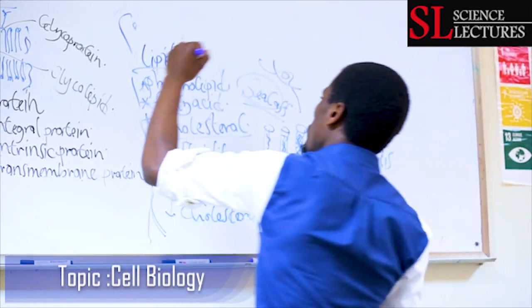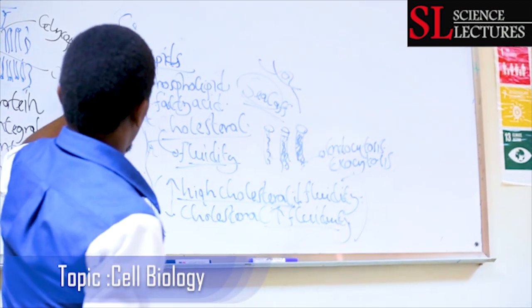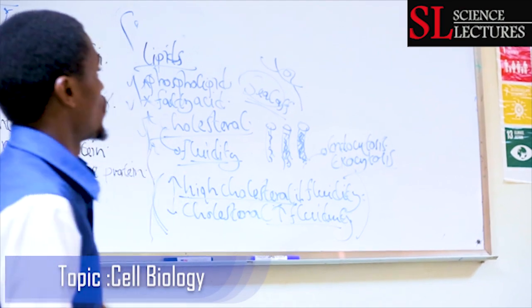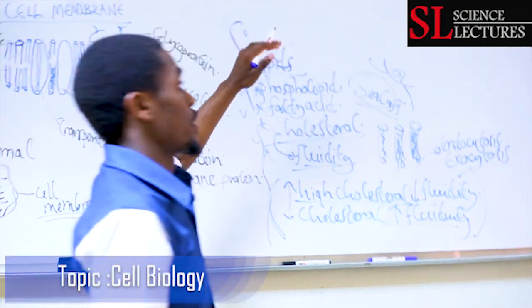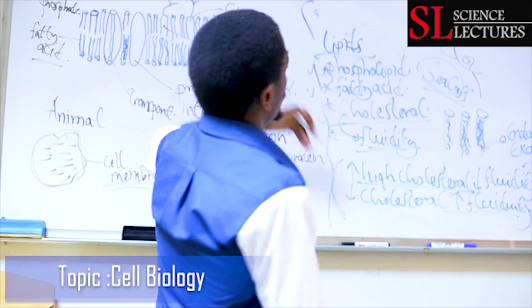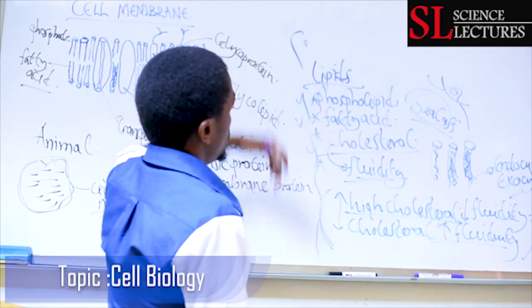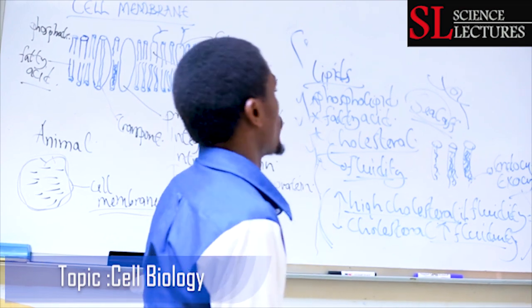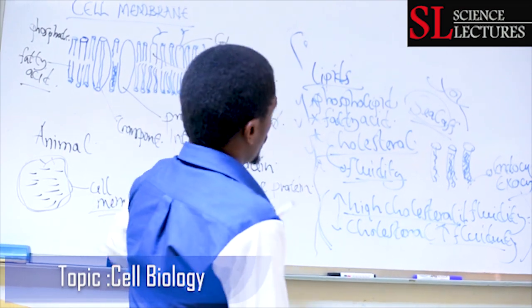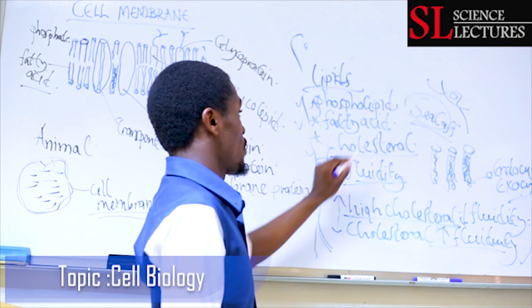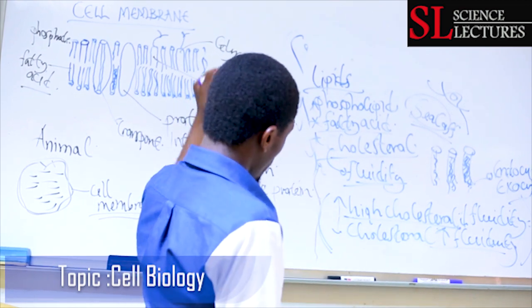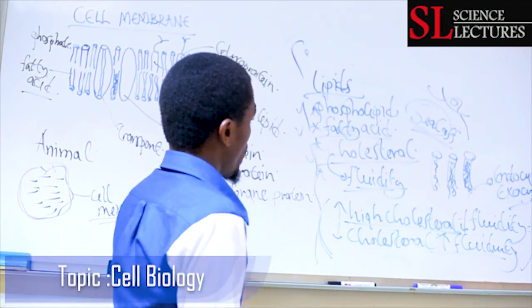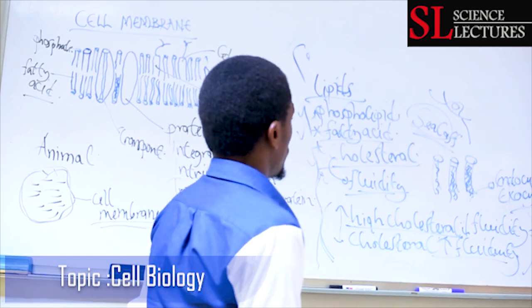So these are the membrane lipids: the phospholipids, the fatty acids, and the cholesterol. Phospholipids, we said, are negatively charged, and they are always found at the exterior. The phosphate heads are negatively charged, and they face towards the aqueous solution. Fatty acids, we say they are non-polar, and they allow non-polar molecules to pass through the membrane.